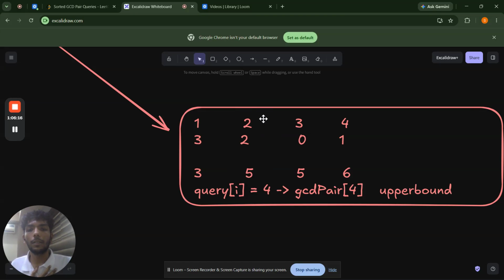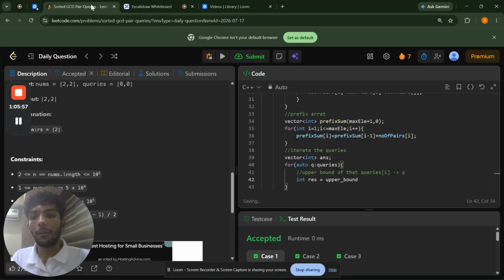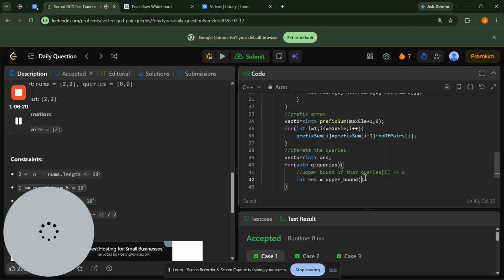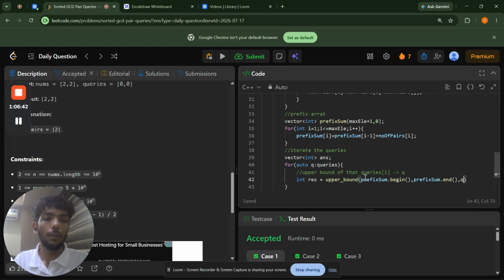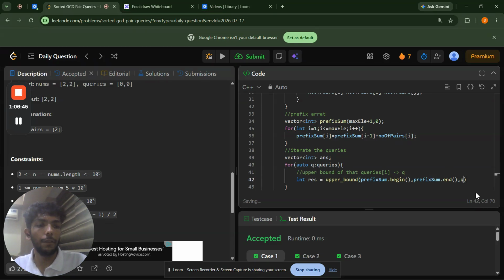So we subtract the beginning. This is how we write upper bound.